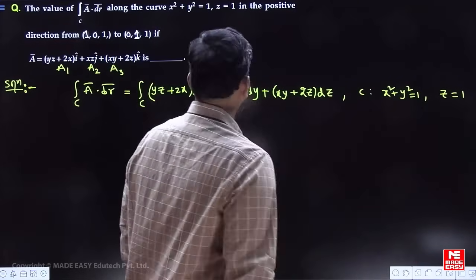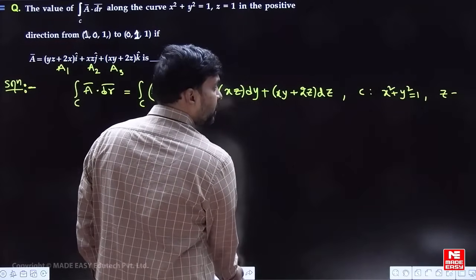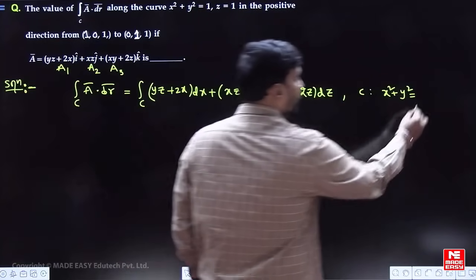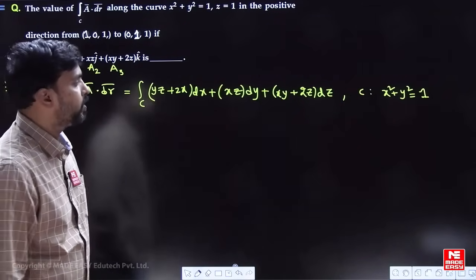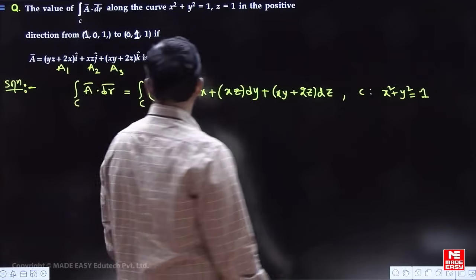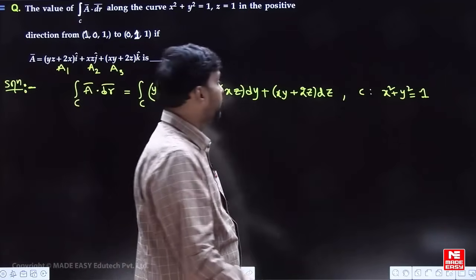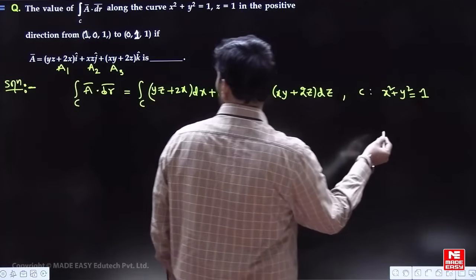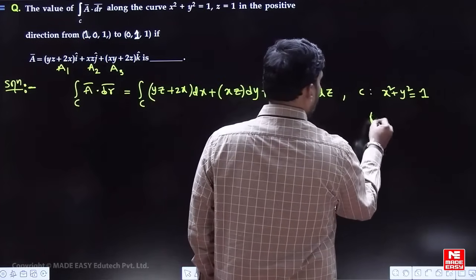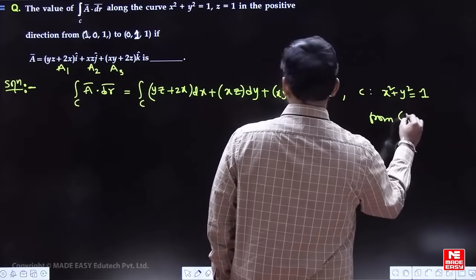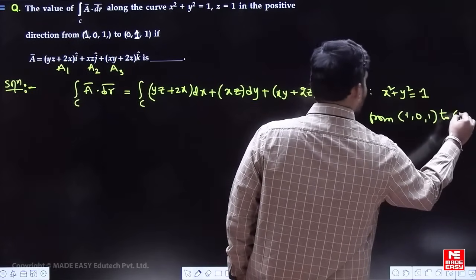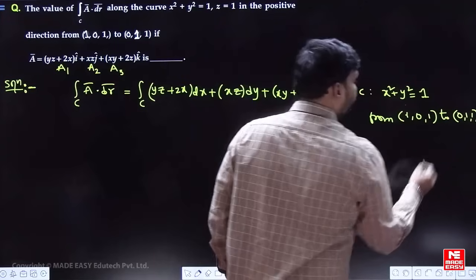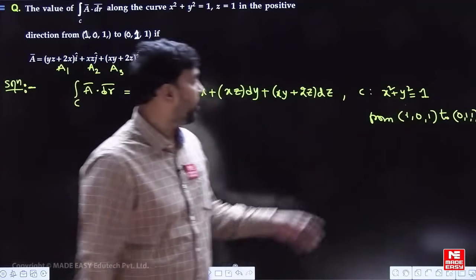Or otherwise, sometimes he may not say z is equal to 1; you have to understand sometimes. Along the contour x square plus y square is equal to 1, or he says along the cylinder, right? x square plus y square is equal to 1 from the point (1, 0, 1) to (0, 1, 1).